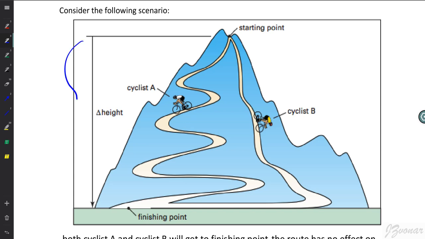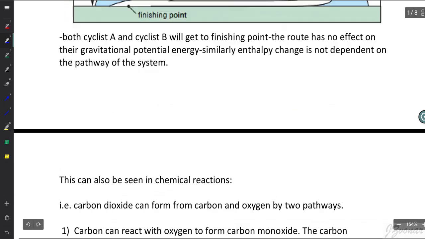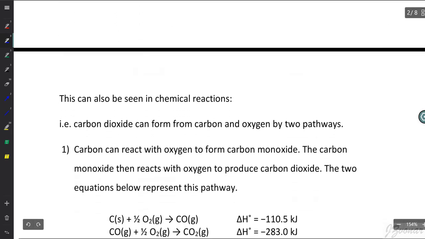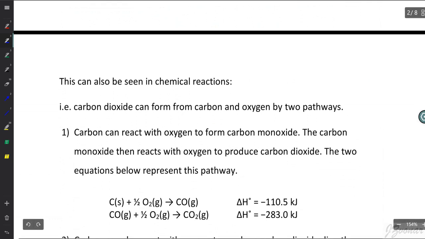The overall height from point A to point B is still the same, regardless that one took a very wavy path to get to the finish line and the other, cyclist B, took a more direct path. Similarly, enthalpy change is not dependent on the pathway of a system, just like these two cyclists. So we can see that this analogy can be applied to chemical reactions.